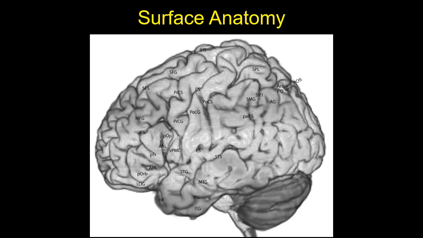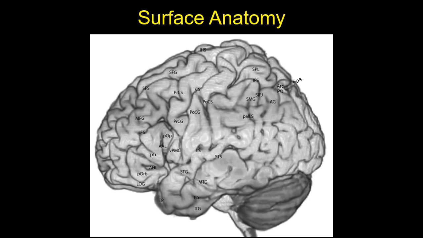Next we'll move over to the frontal lobe. Here's the superior frontal gyrus, middle frontal gyrus, and inferior frontal gyrus, which can be divided into the pars orbitalis, triangularis, and opercularis. Shown here is the ventral premotor cortex, which is a common site for speech arrest within the inferior portion of the precentral gyrus.